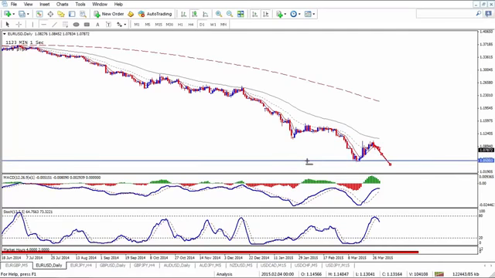I want to see price get to around this level here, this 1.05 level. Once we get that, then I'll be looking for that disagreement between the price and the indicators. If price can get down to here and the indicators cannot equal that previous bottom, then we've got that divergence that I'm looking for a long trade.